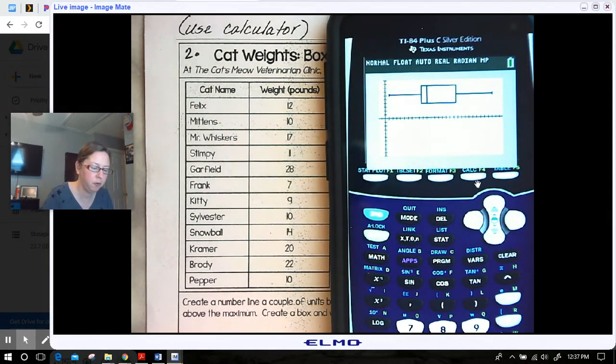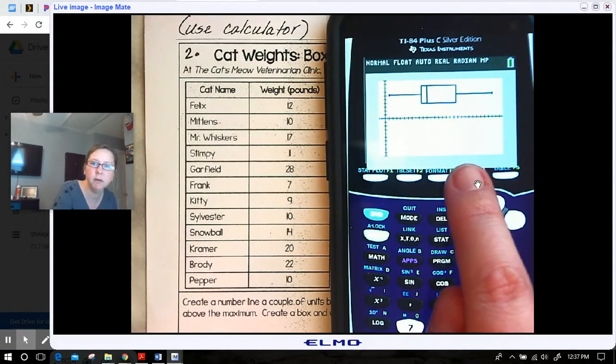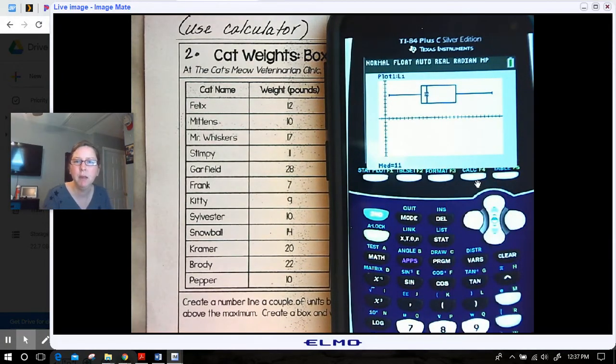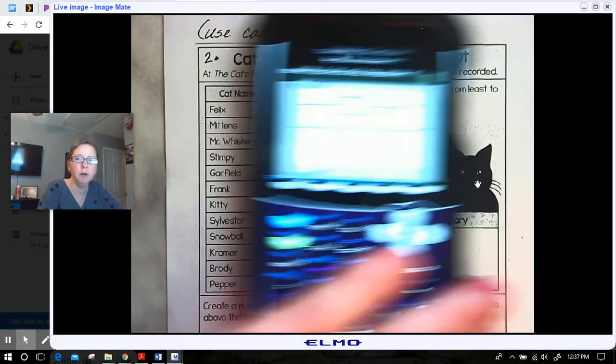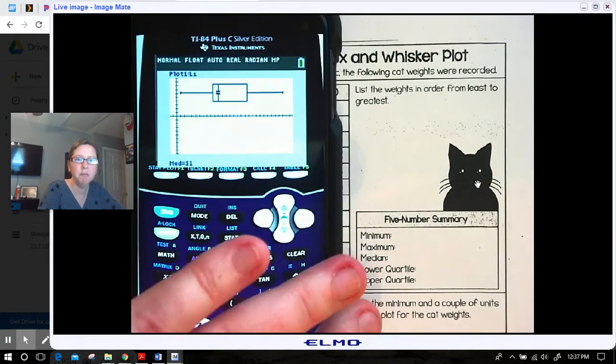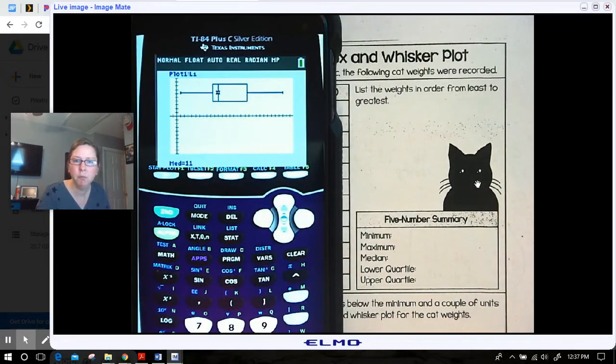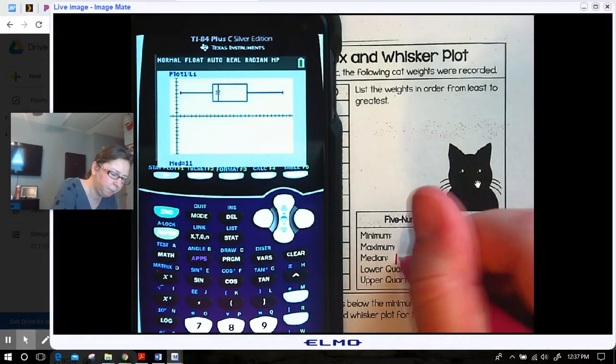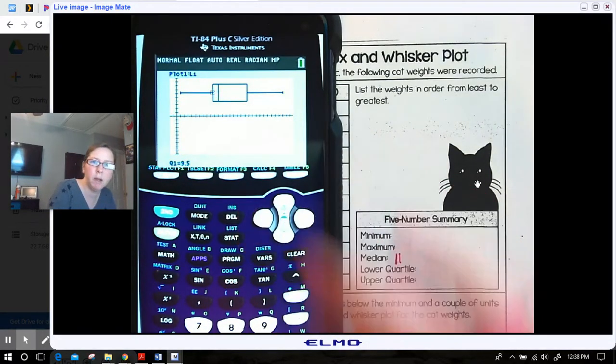I want you to hit the trace button right here next to graph. And so I know that my median is 11. So let me move my calculator over, and we're going to fill in our 5-number summary. So my median is 11. Go to the right.